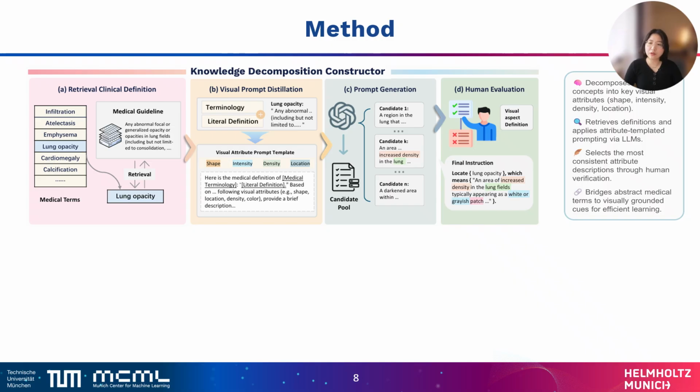So we distill each definition into visual attributes using GPT-4o with a visually distinct instruction. Based on this process, we obtain a collection of visually oriented descriptions that combine attributes such as shape, intensity, and location. Finally, we perform human evaluation to select the most consistent and clinically meaningful attribute descriptions and convert them into a final grounding instruction.